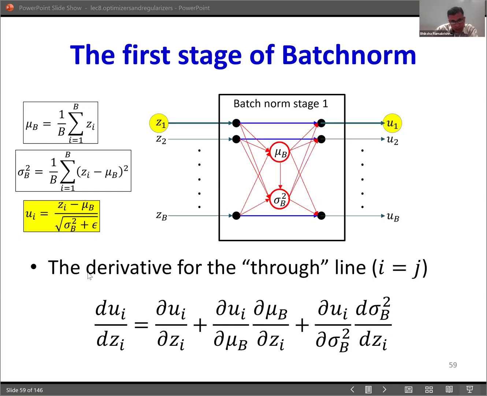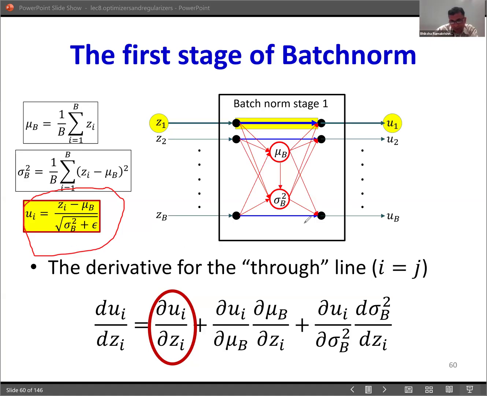Let's look at the first of these, the derivative of u with respect to z. That's the derivative over this edge, and it is obtained from this relationship, right? U is simply obtained by normalizing z. So from this formula, speaking only of the derivative over this edge, what is the derivative of u with respect to z?